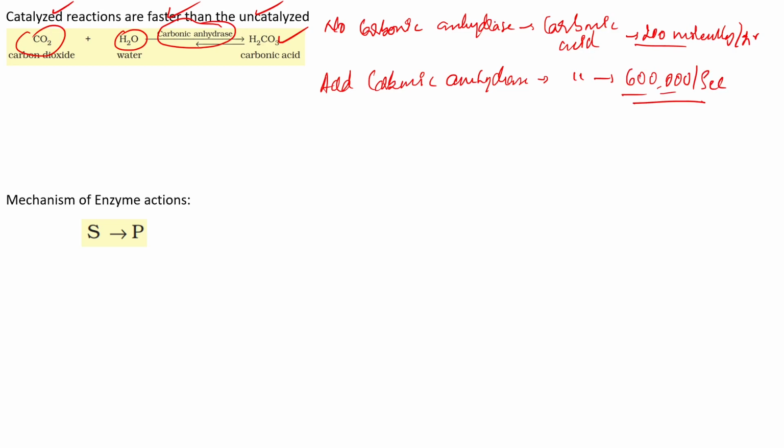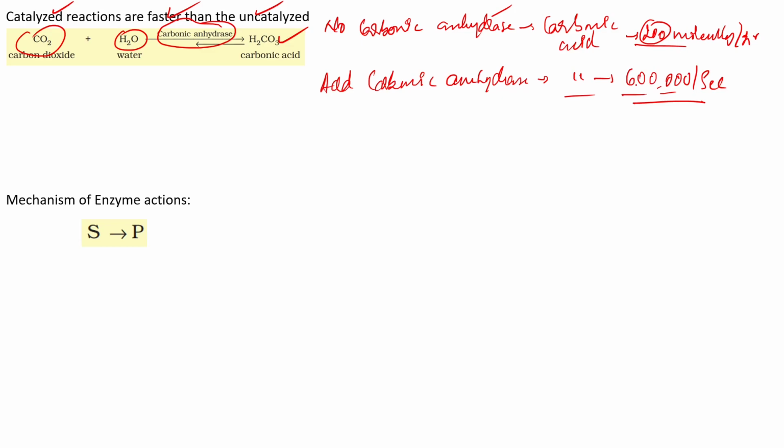So in the absence of carbonic anhydrase, the number of carbonic acid molecules formed was around 200 per hour. But the moment we add carbonic anhydrase, the formation of carbonic acid has increased from 200 per hour to 600,000 molecules per second.